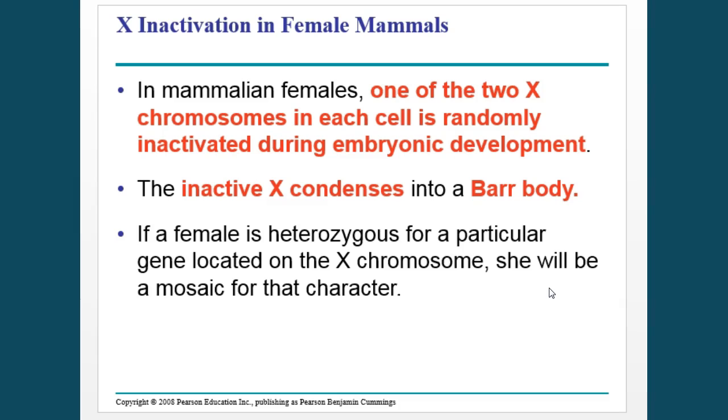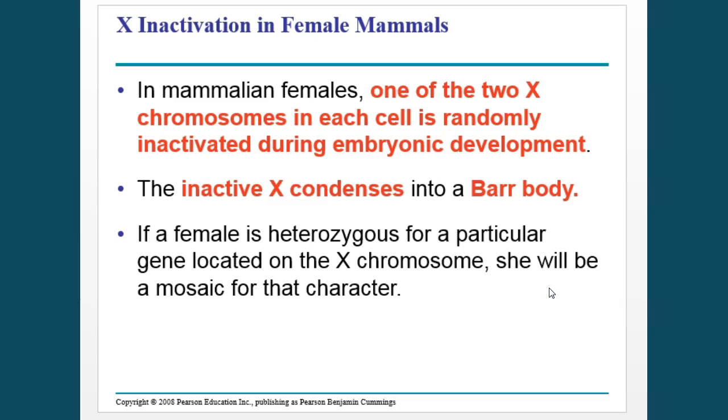Alright, X inactivation in female mammals. In mammalian females, one of the two X chromosomes in each cell is randomly inactivated during embryonic development. The inactive X condenses into a bar body. A bar body lies along the inside of the nuclear envelope.